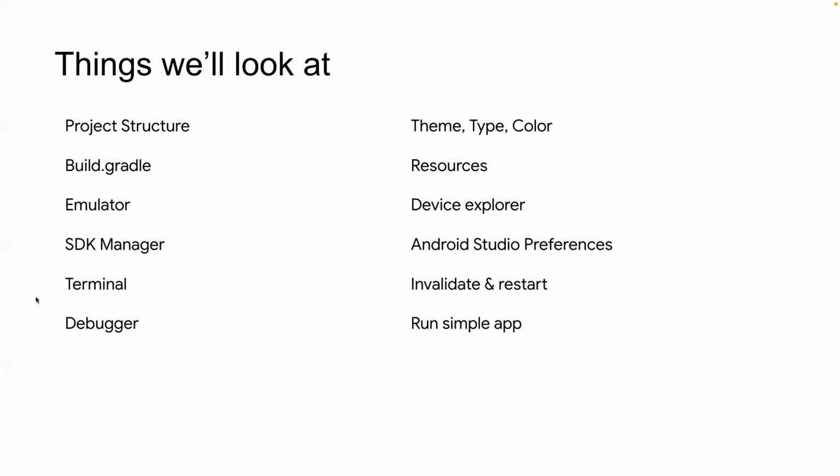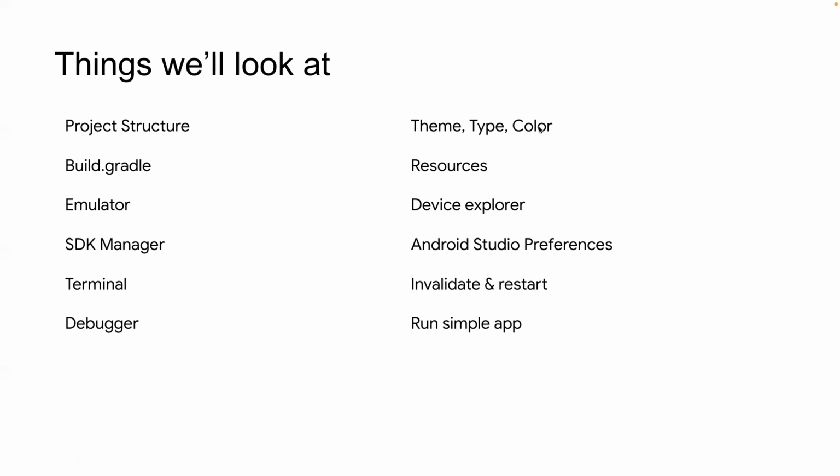We'll also look at a very important component, which is a terminal. Most of you on the Linux ecosystem already know this. On Android, it's just the command prompt, but a Linux one is what is used in Android Studio. So we'll be looking at that. We'll also try out the debugger, how we could debug errors in our code.